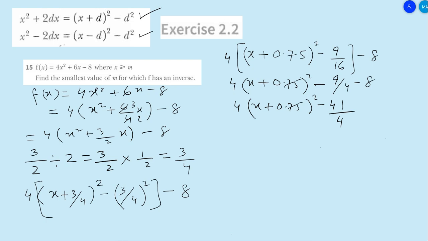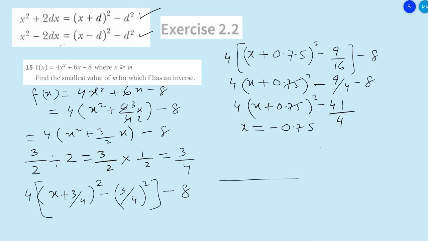Therefore, if we take the value of x as −0.75 and put it in the question, −0.75 plus 0.75 cancel. The answer will be 0, 0 squared is 0, 0 times 4 is 0.